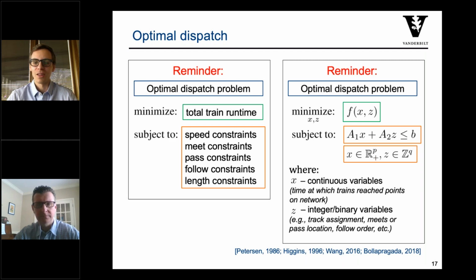You can use nonlinear equations, but we use just this total train runtime as a simplifying assumption. It is extremely easy to add in train priority and begin to get closer to what the dispatcher is actually optimizing, let's say, in his or her head.